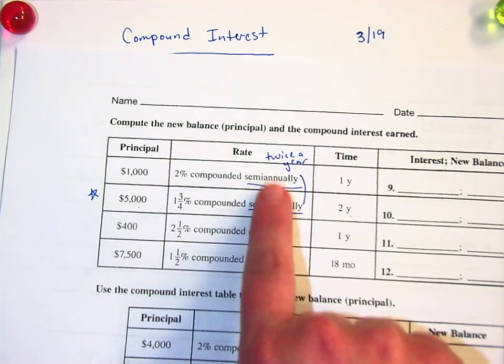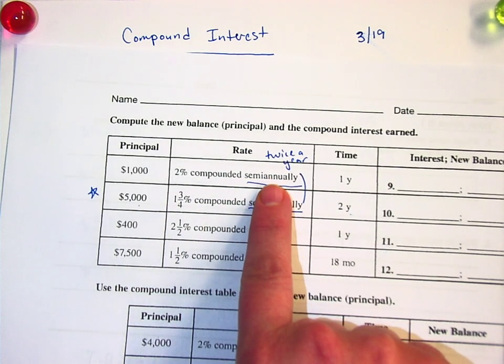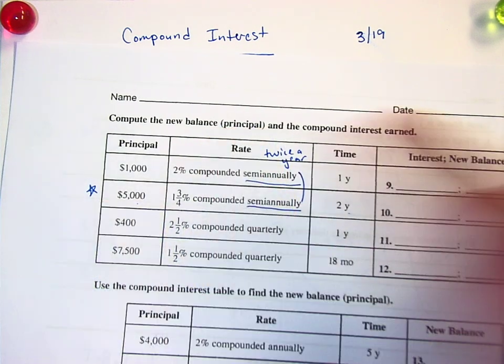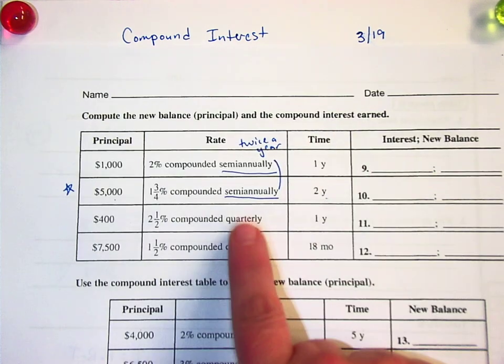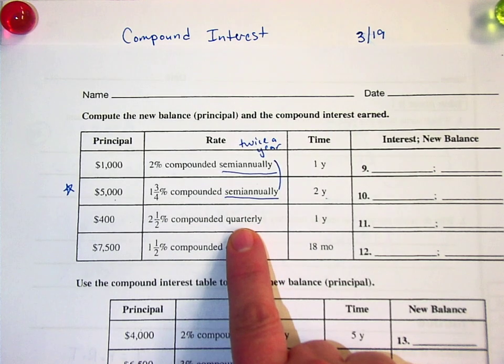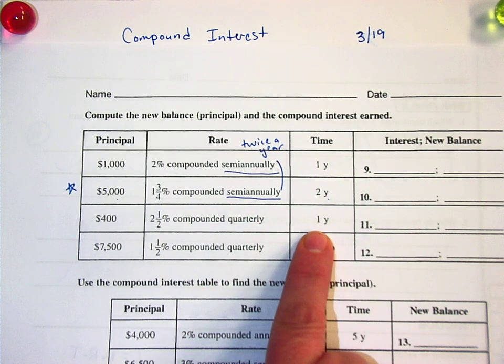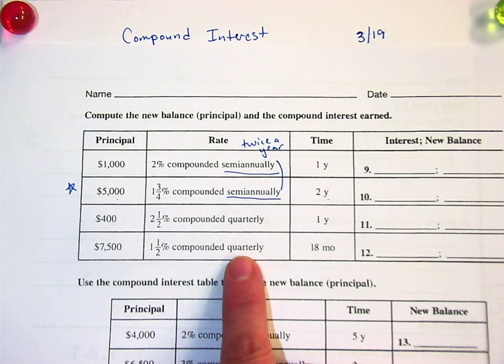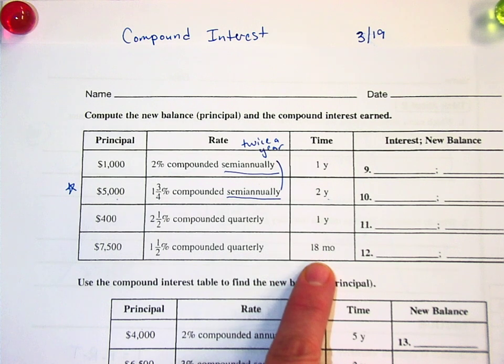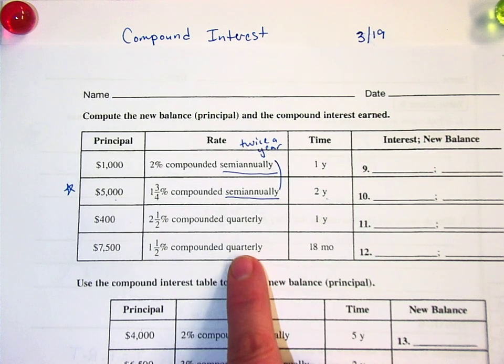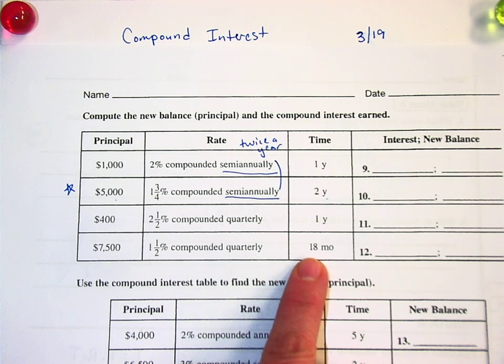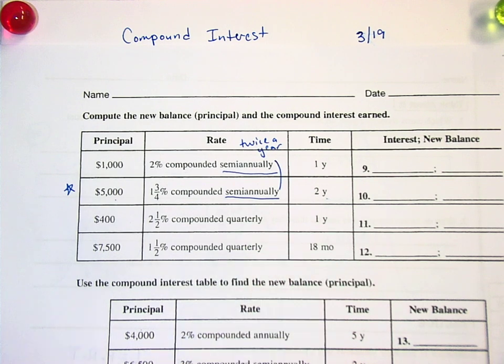When you do this problem, you're only going to do it twice, because it's semi-annually, which is twice a year, and you only have to do it for a year. This one is compounded quarterly, so you're going to do a quarter of a year 4 times, because it's for a year. And then this one, compounded quarterly for 18 months, is going to be 6 lines, because quarterly is every 3 months, and if you take 18 divided by 3, you get 6. So there's 6 3-months in there.